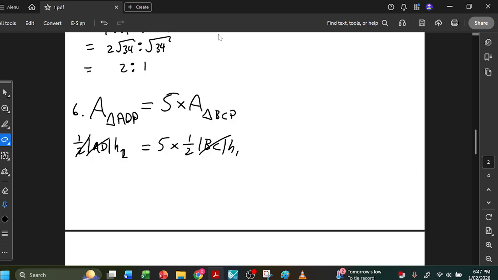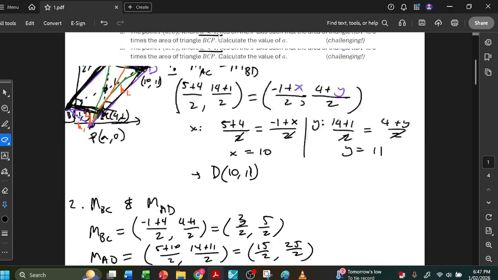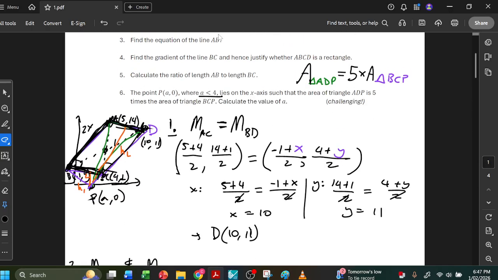We can also see a factor of a half on both sides of this equation, which means the following must be true: H2 is equal to 5 times H1. We don't need to worry about the area, just this ratio between the two lengths. So this orange line here, H2, is 5 times H1.